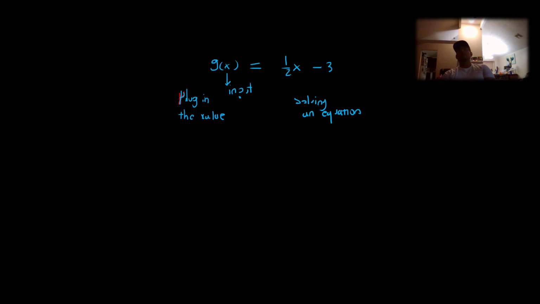Using this formula we'll know what the output is. What will be an example where we'll have to plug in the value of x? Well, we could ask what happens to the function g when the input is equal to 8.